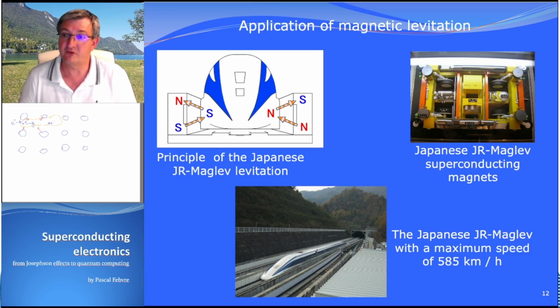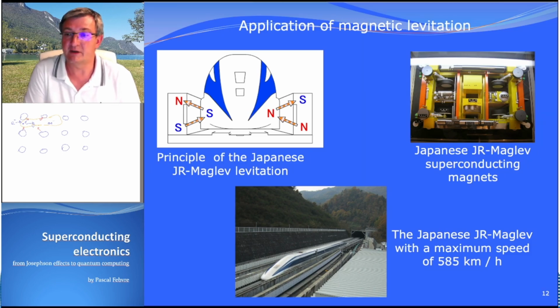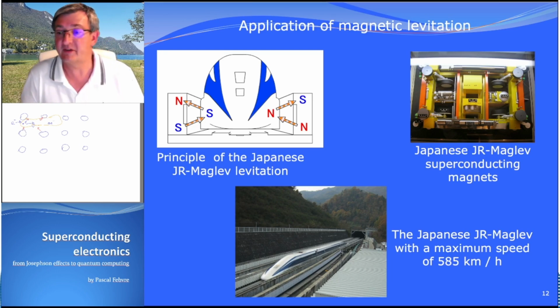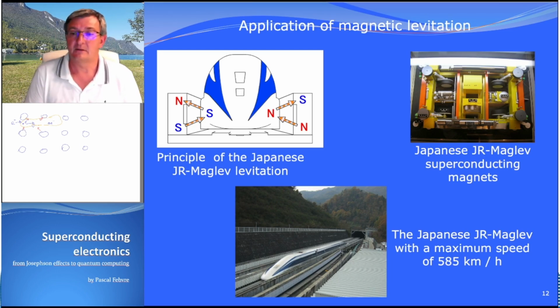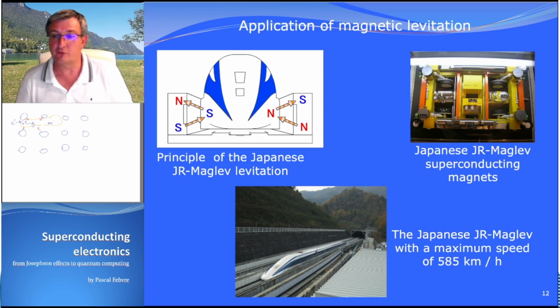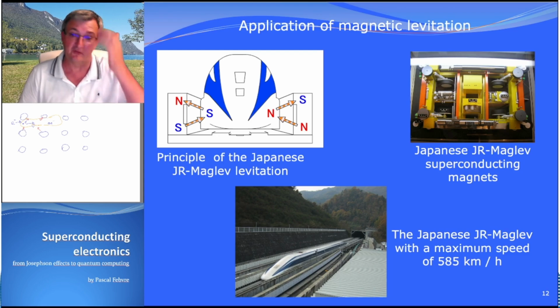You can see here some superconductor magnets which are put on the train, and it allows the train to go up to 585 km per hour. That's a record, and it is under construction between, I guess, Tokyo and Osaka for normal customers once it's finished. So that's one big application as well under development.